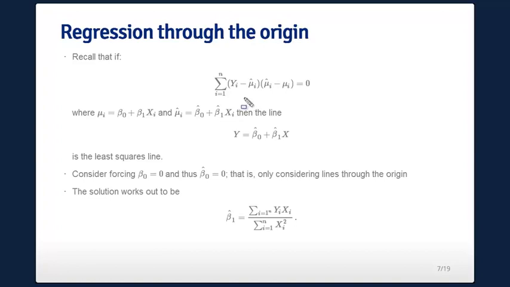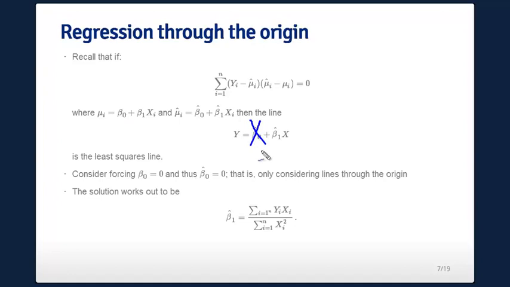Remember, we need to have this equation be equal to 0, where mu I is this and mu I hat is that, and then this will be the regression line. If now, instead of forcing beta 1 to be 0, we force beta naught to be 0, then we will have a regression line through the origin.